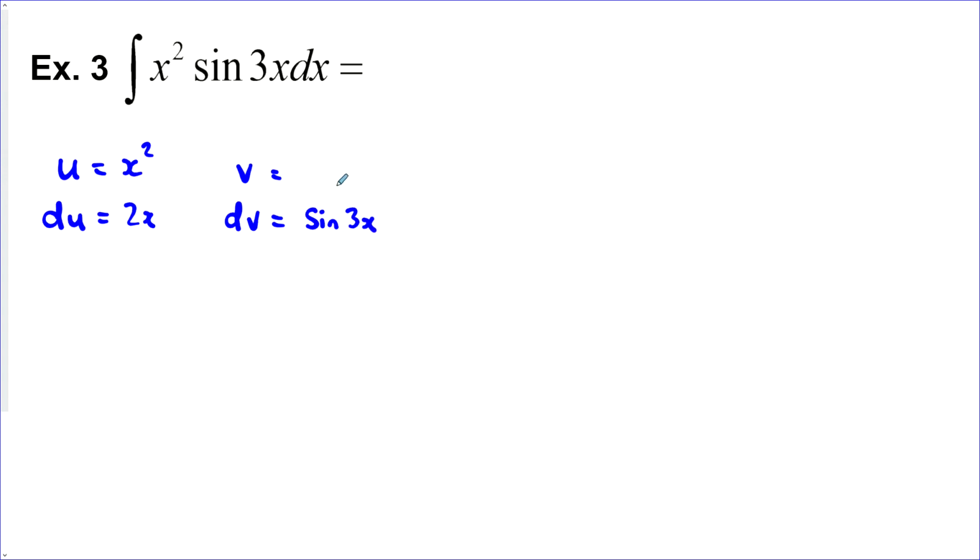The antiderivative of sine 3x is, let's see, negative cos 3x, and we'll say, how about change that to a negative 1/3 in front there. Now I can break this apart. So the first part is uv, so these two here.